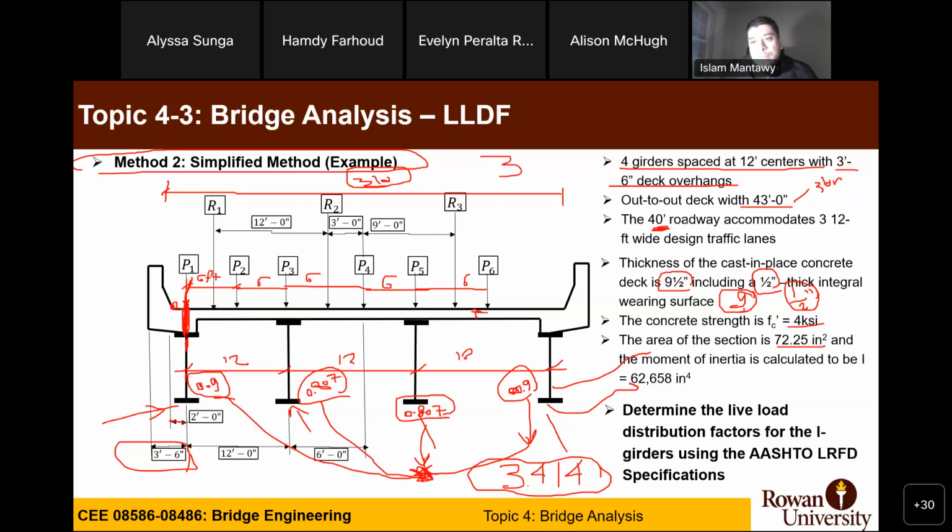3, right? Based on the width, we only have a maximum of 3 lanes, right? After we did the distribution factors and added them up, they add up to 3.414, right? How come we have more than the 3 lanes that we designed for?